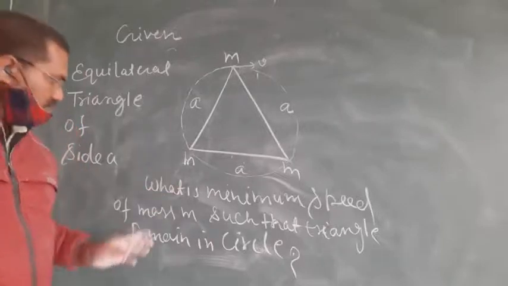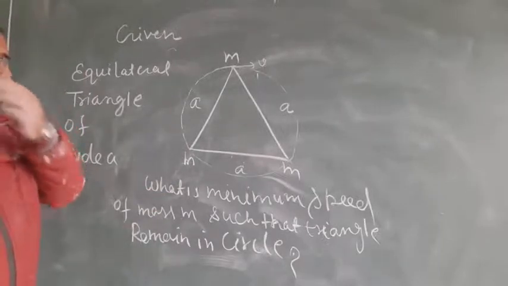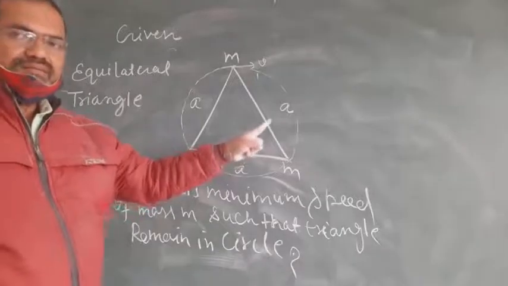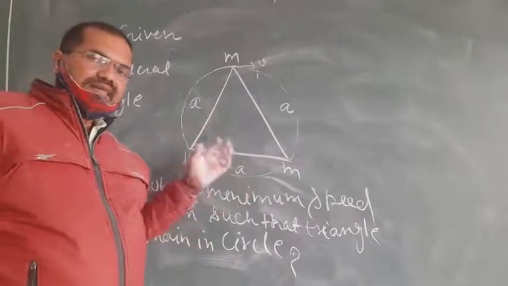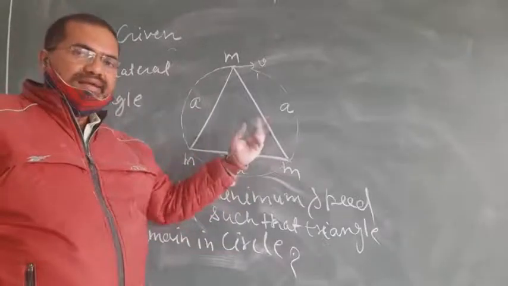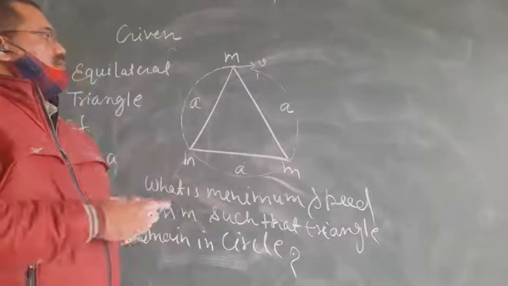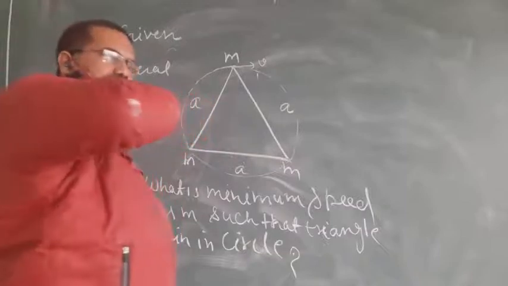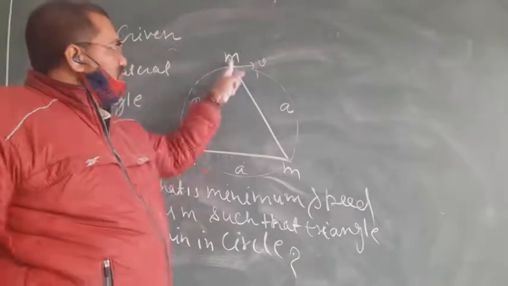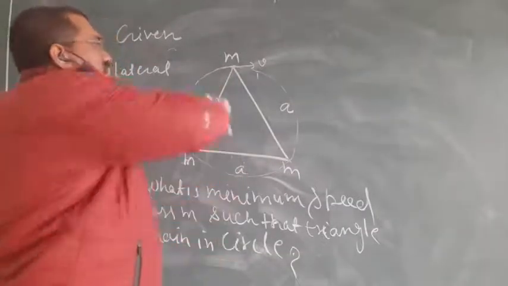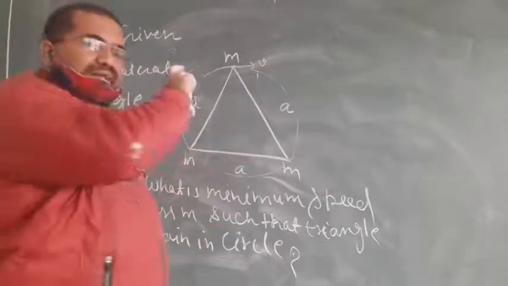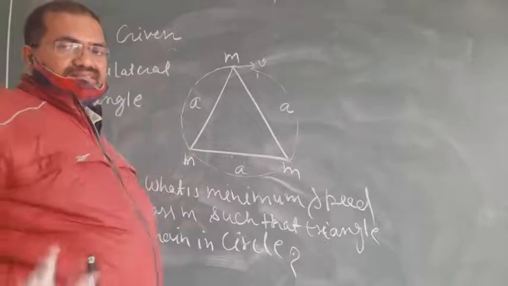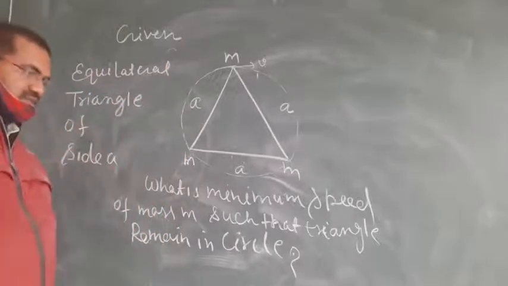Listen. This is the equilateral triangle of side A and three identical masses, that is the same masses, are kept at the vertices of the triangle, and we give a minimum velocity to any mass m such that it performs circular motion and the triangle remains. The triangle does not vanish. This is the question.